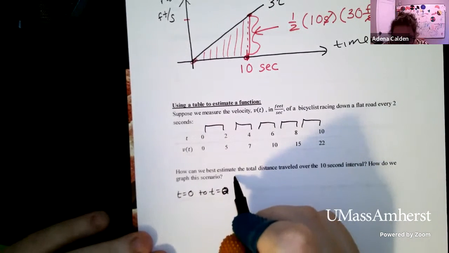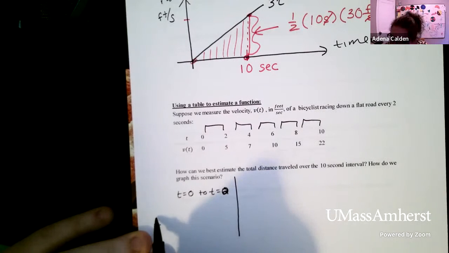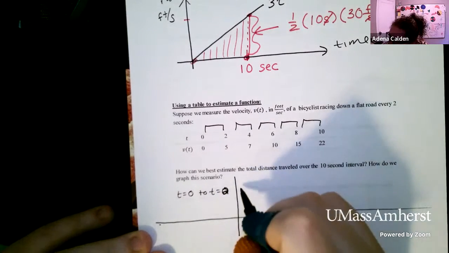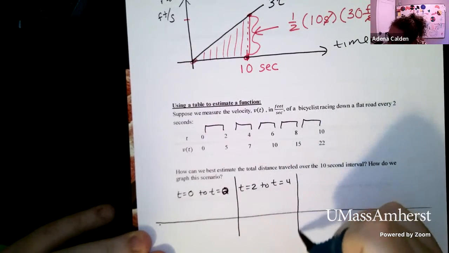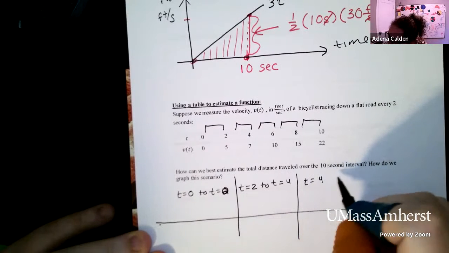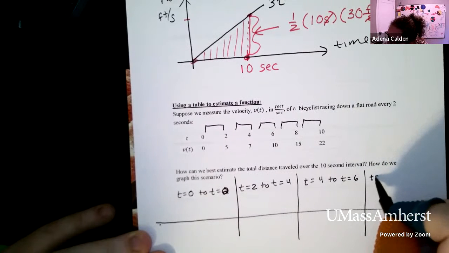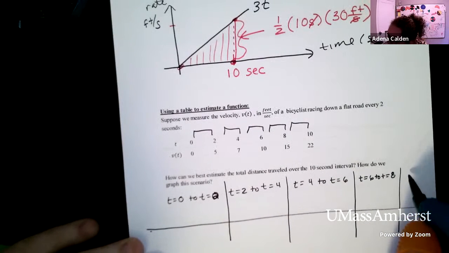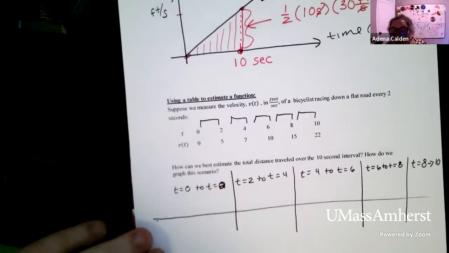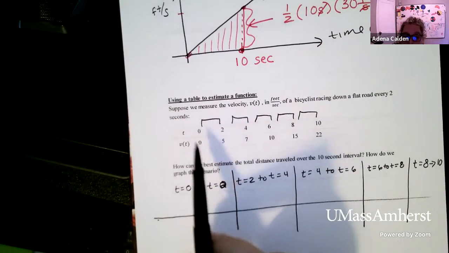So what we're going to do is consider what happens between time equals 0 to time equals 2, time equals 2 to time equals 4, time equals 4 to time equals 6, time equals 6 to time equals 8, and time equals 8 to time equals 10. Okay, so we're going to break this down into these little 2-second intervals that we have.